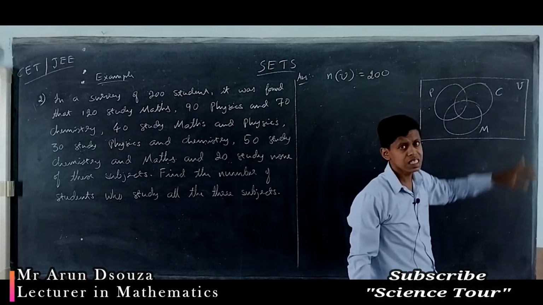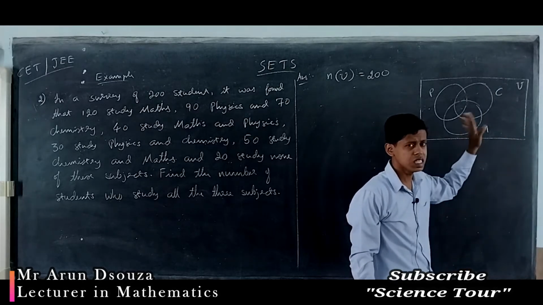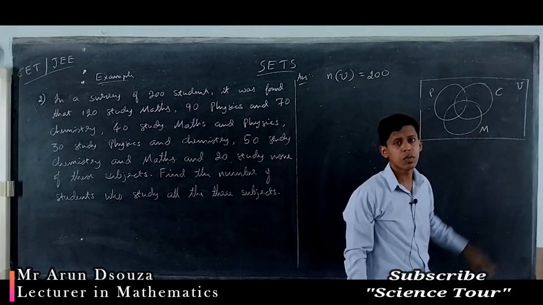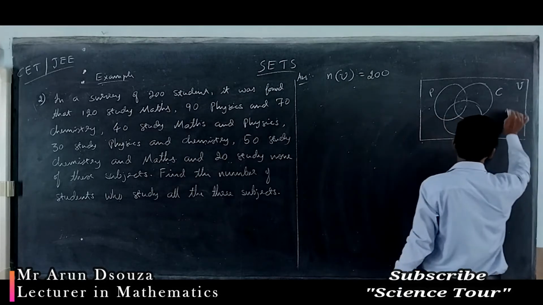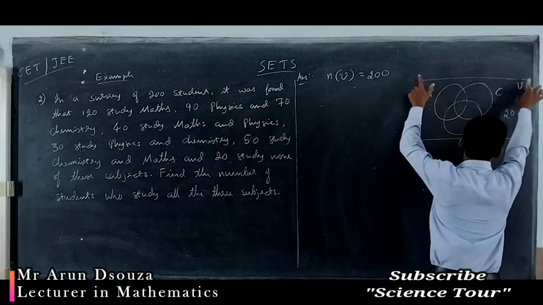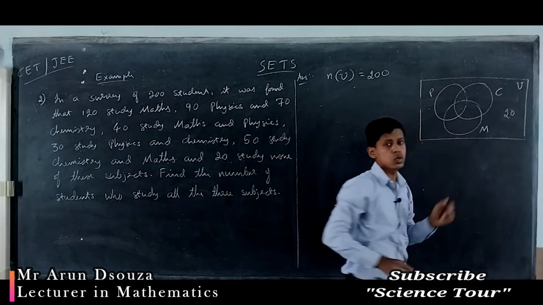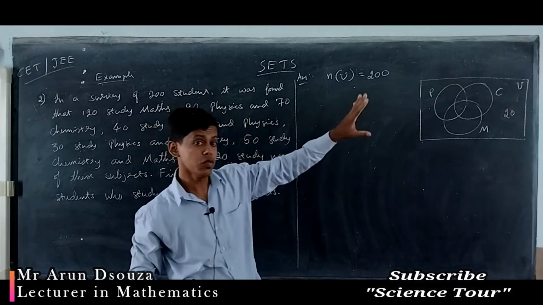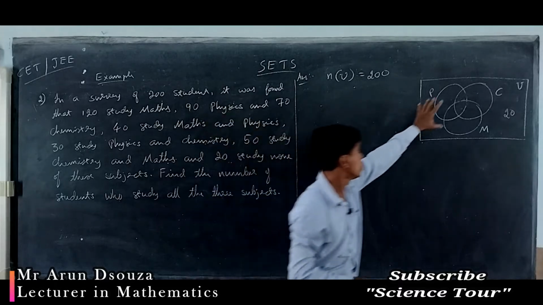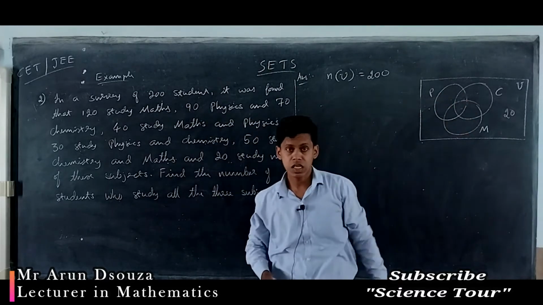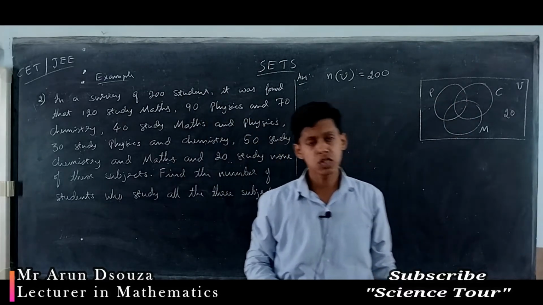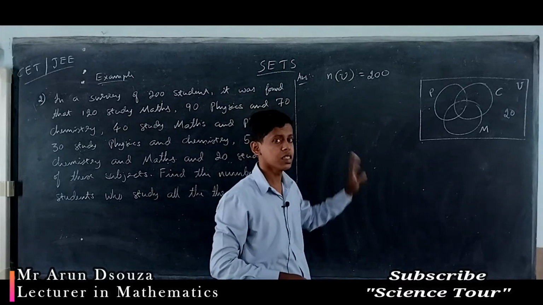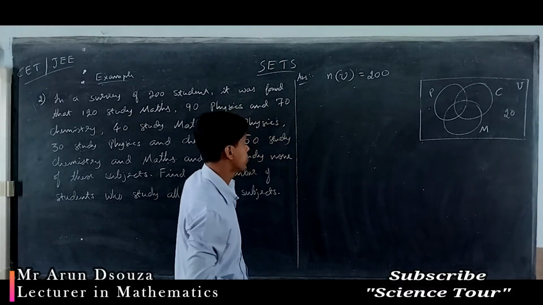They are outside these three circles, but they are in the school, in the 200 students. Therefore universal and union of three things is not the same in this question. Please note that difference. If you know that difference, then everything falls in place.